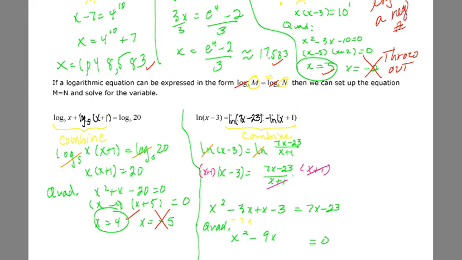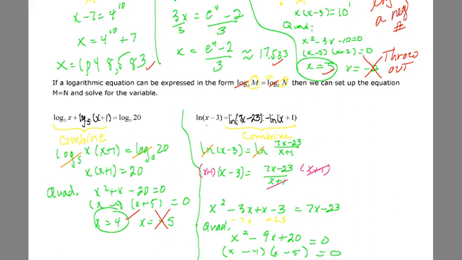If I bring the 23 over, it's negative, so I'll add it. I end up with 20. This should factor. x and x, 4 times 5, negative 4 and negative 5 add up to negative 9, and they multiply to positive 20. So two solutions here, 4 and 5.